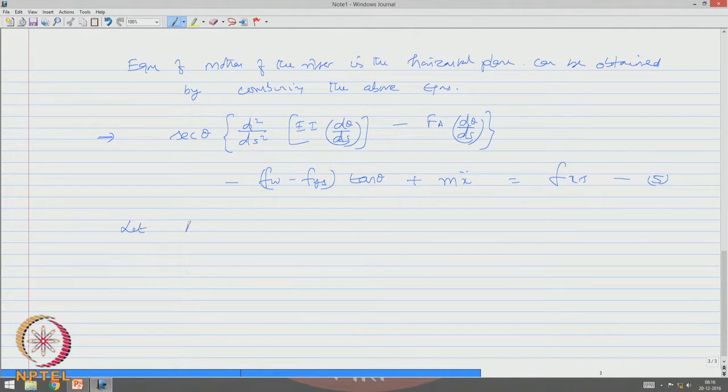Let Ai and Ao be the internal and external area of cross sections of the riser.